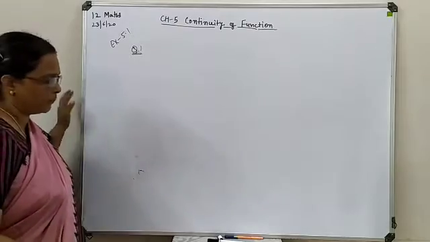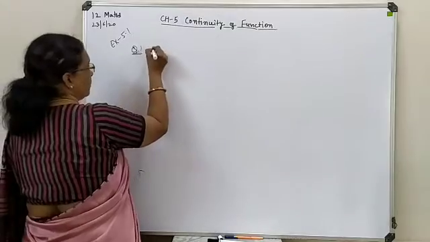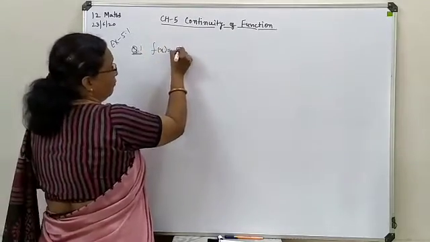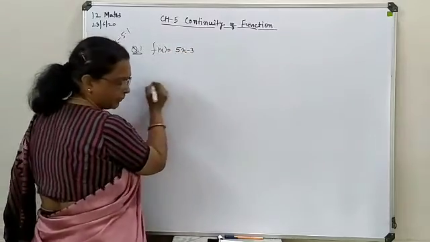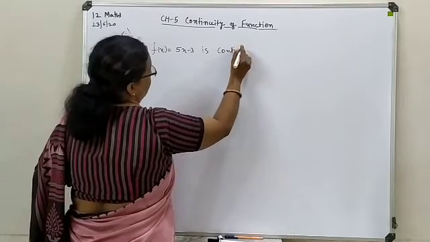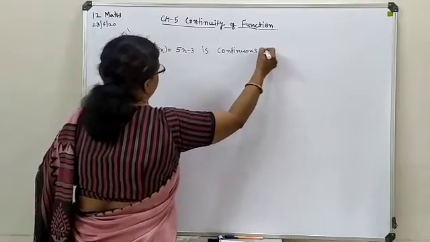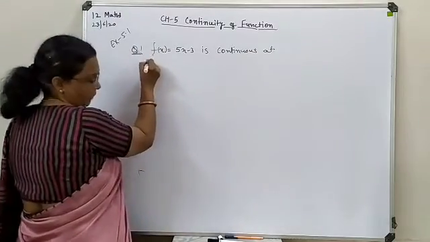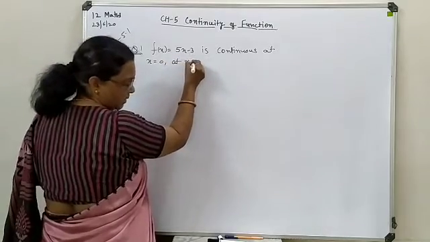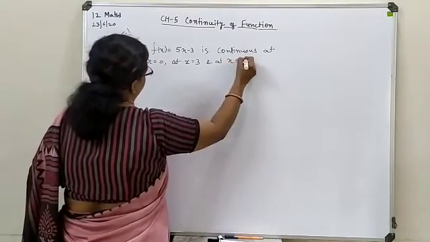In 5.1, look at the first question, in which you have to check whether your function f(x) is equal to 5x minus 3 is continuous at x equal to 0, at x equal to 3 and at x equal to 5.